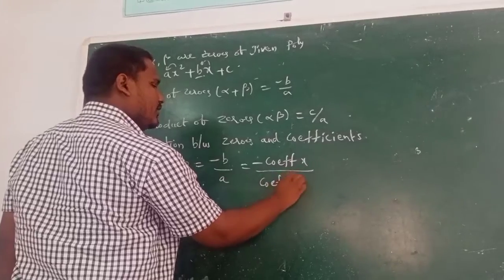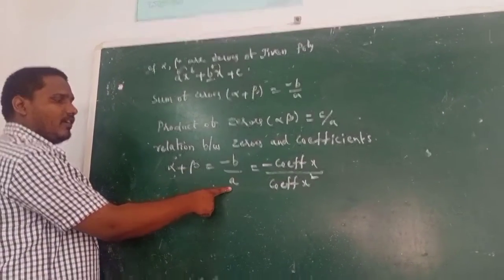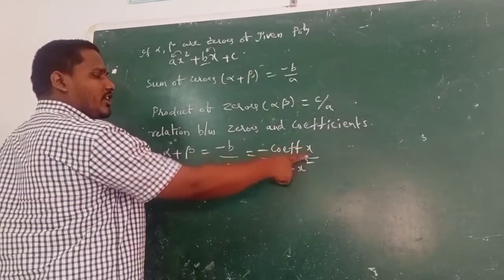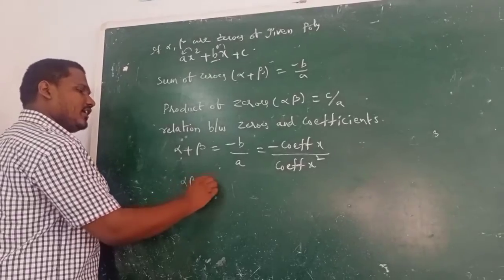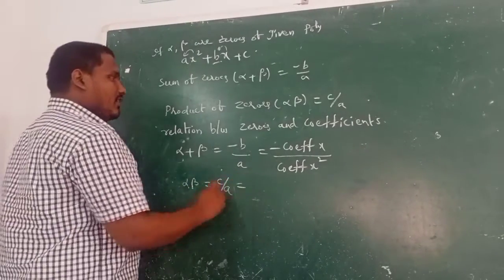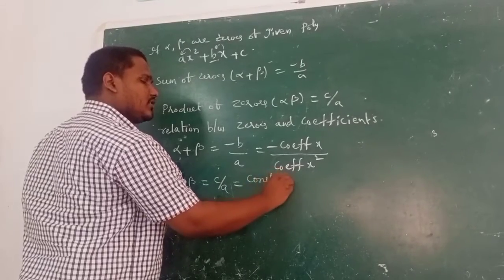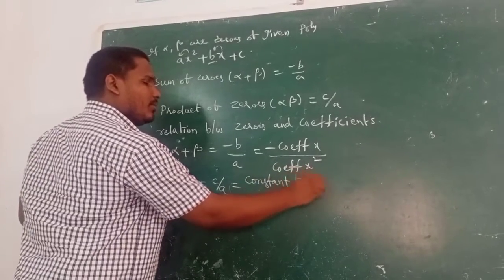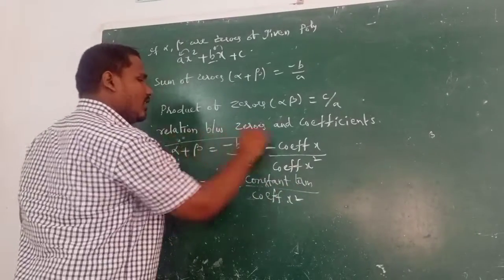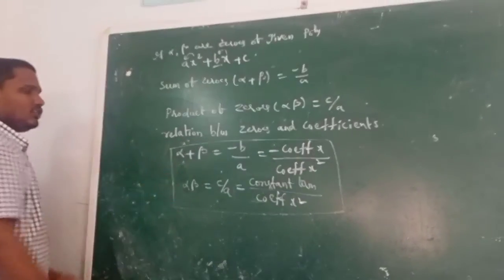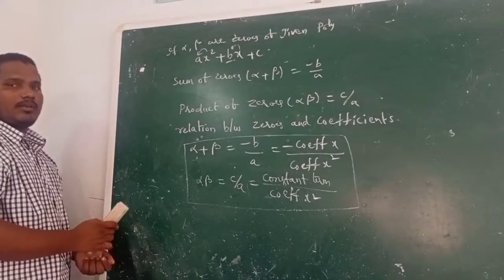So the relation between zeros and coefficients: alpha plus beta is equal to minus b by a, that is minus coefficient of x by coefficient of x square. Alpha beta is equal to c by a. Here c means the constant term and a means the coefficient of x square. This is the relation between zeros and coefficients of a given polynomial.